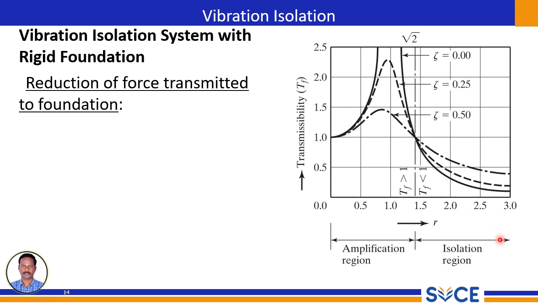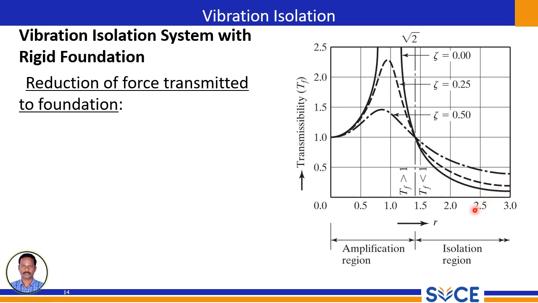You can also observe that higher damping shifts the points where T_R equals 1. This means that with higher damping, we can achieve isolation at lower frequency ratios. So this graph clearly illustrates the importance of damping in vibration isolation.